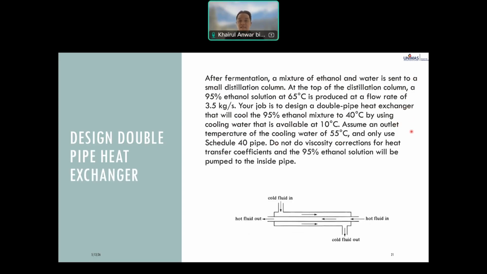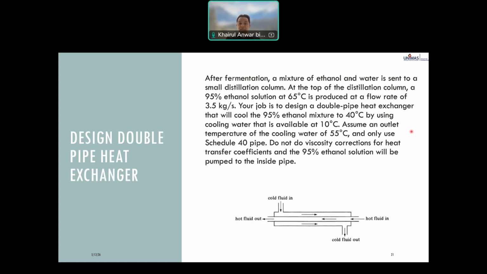After fermentation, a mixture of ethanol and water is sent to a small distillation column. At the top of the distillation column, a 95% ethanol solution at 65 degrees C is produced at a flow rate of 3.5 kg per second.